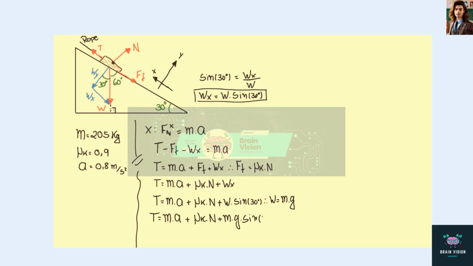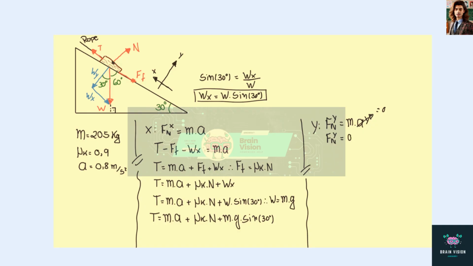Then the tension force is given by this expression. So now all you have to do is calculate the normal force. For that, we use Newton's second law on the y-axis. The net force on the y-axis is equal to the mass of the log times its acceleration in the y direction. And note that the log isn't moving in this direction. Then its acceleration in the y direction is equal to 0, so the net force in the y direction is equal to 0.